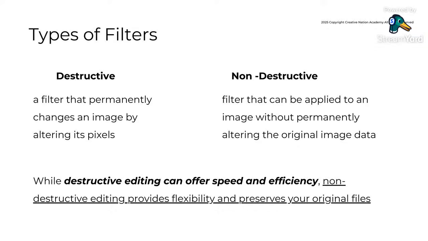As defined, destructive filters are permanent ones that change an image and alter its pixels, while non-destructive filters work without making changes to the original image. Way back before, if you were not into this non-destructive workflow, we often used what we call the copy workflow.